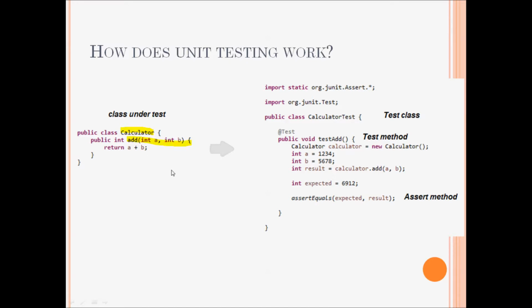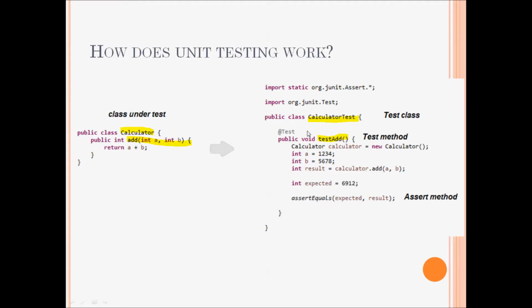To test this class, we create a test class. You see on the right here, the CalculatorTest, called the test class. In this class, we write one or more test methods, and you can see there's a test method here. This is the testAdd method.